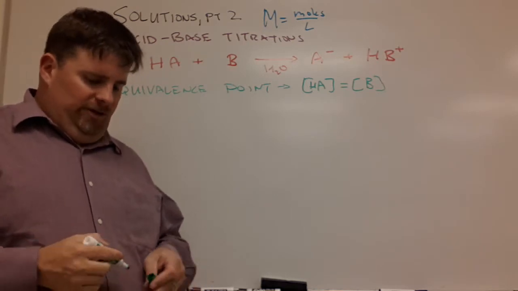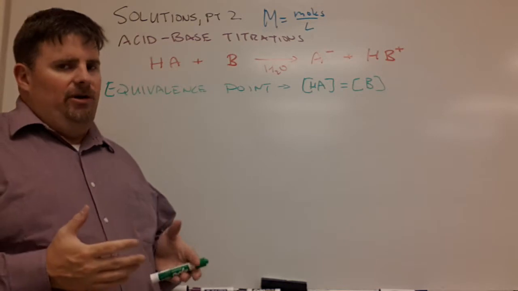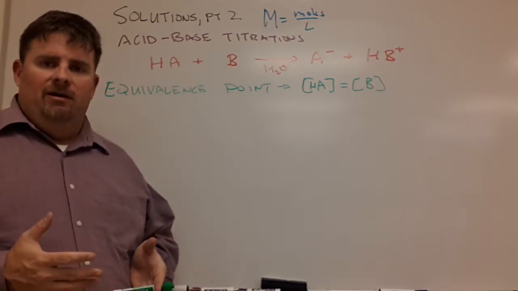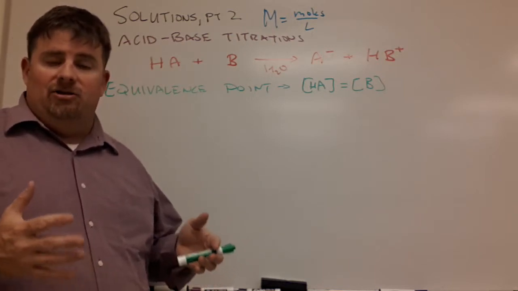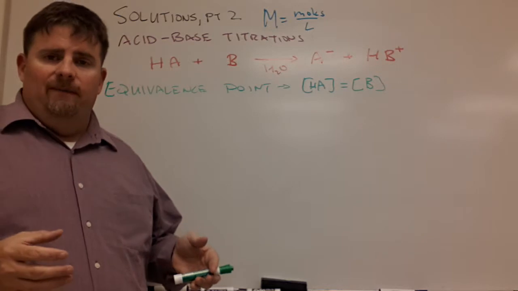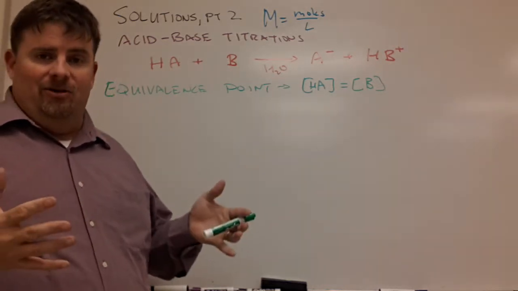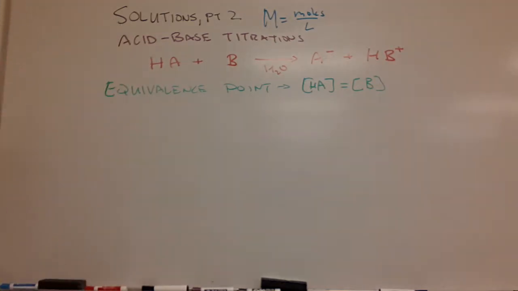Now, if you think about equivalence, the concentration of these things is so low at that point, and it's going to be hard to guess or identify when we actually get to the equivalence point. I mean, we're talking 1 times 10 to the minus 7 as far as concentration values go. So having a few extra atoms on one side or the other is going to bias us, especially when we're working with strong acids and strong bases.